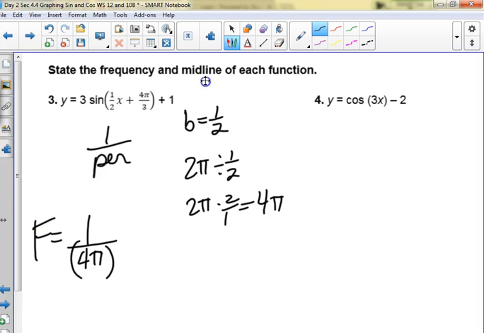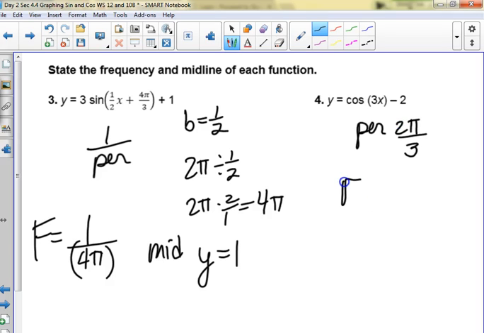The midline, you don't have to factor anything, mess with x. It doesn't ask, it just asks where's the midline. Yeah, the midline is the vertical shift, so it's at y equals 1. What's the period over here? So the frequency is, okay, and the midline? Yes.